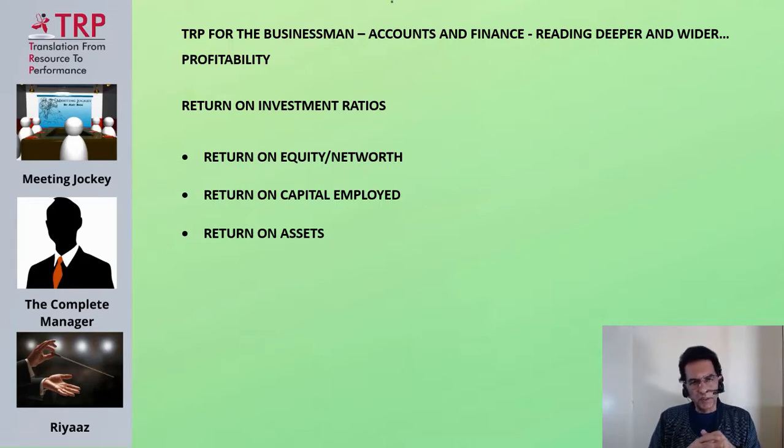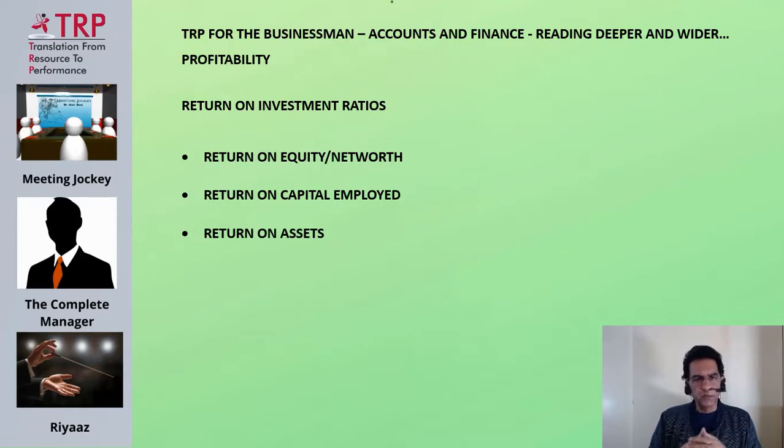Return on equity, normally the acronym used is ROE, is a metric of financial performance calculated by dividing net income by the shareholders' equity. The shareholders' equity is the same as the shareholders' net worth. It is also considered, this ROE, as a return on net assets.